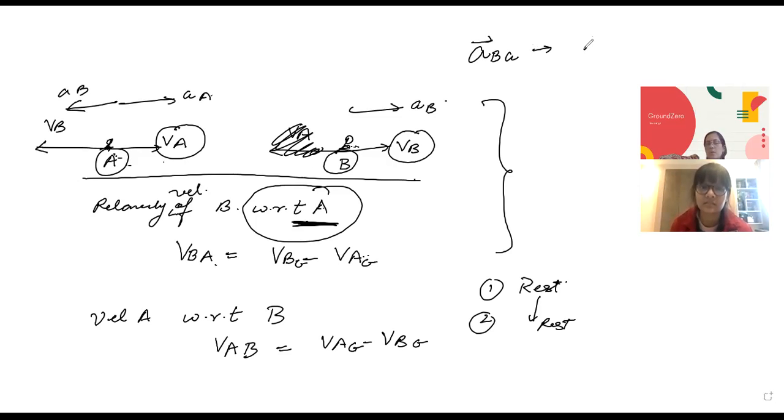You are finding the quantity of B with respect to A. So A is at rest, and the acceleration is this way, so exactly opposite you will apply here. So that will be AB minus AA, right? So that is how you can solve some problems based on relative velocity in 1D motion.